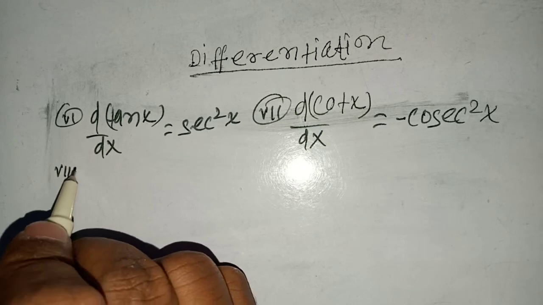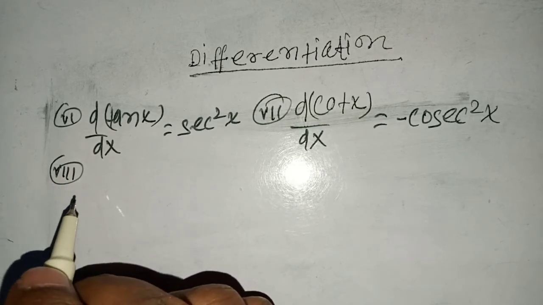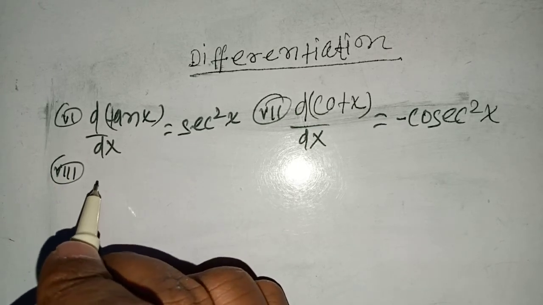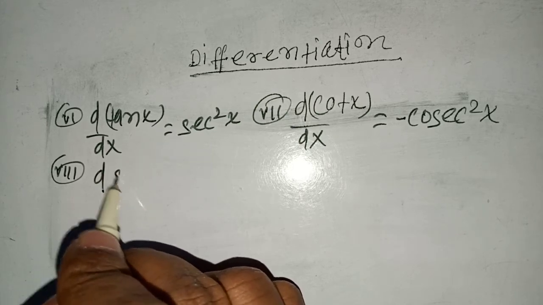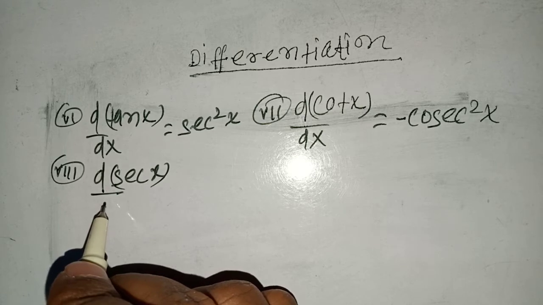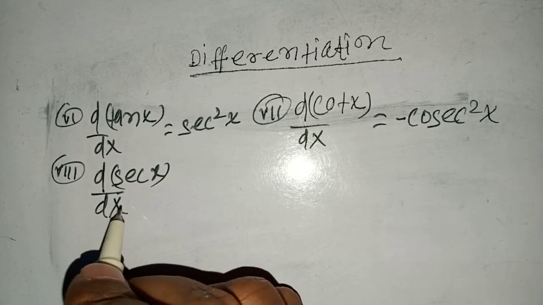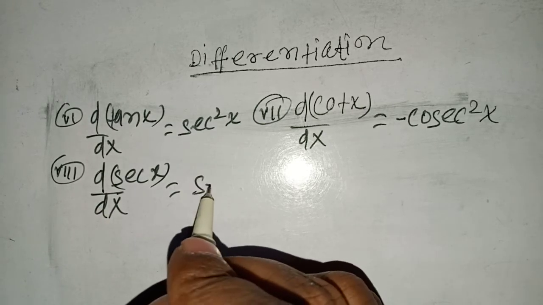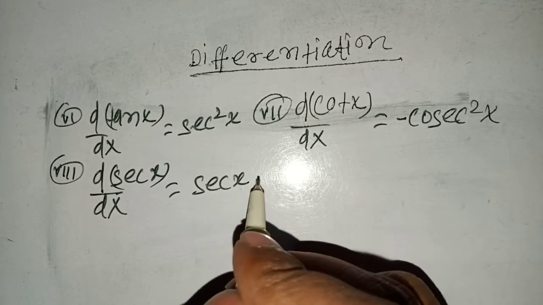Number 8. Next, d sec x by dx is equal to sec x tan x.